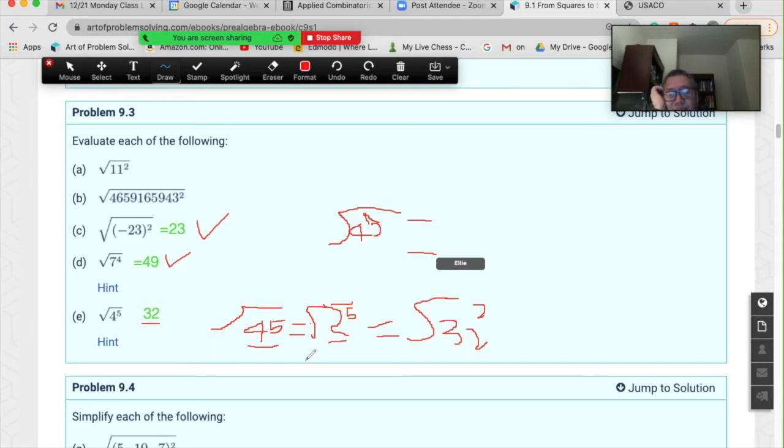This one equals 2. Wait, hold on. My mouse is a little wobbly. It equals 2 to the 5 times 2, which equals this.